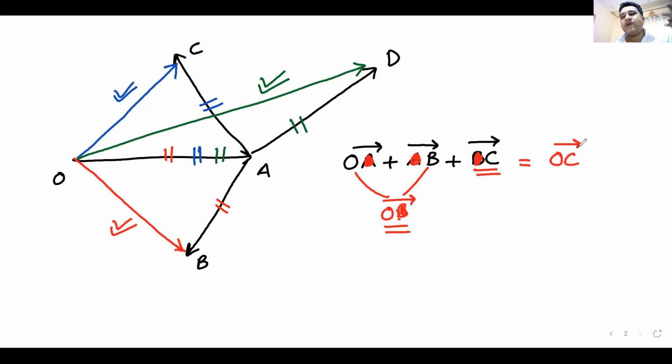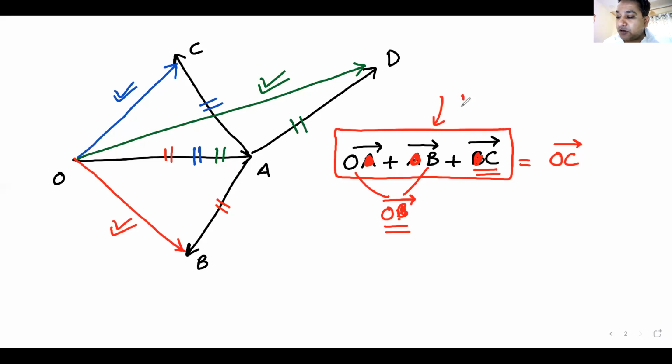Then if it is 3 or 4 vectors, I will call it triple triangular law, 4 triangular law, 5 triangular law? No, this is not the way I call it. If I have more than 2 vectors, I call it the polygon law of vector addition.